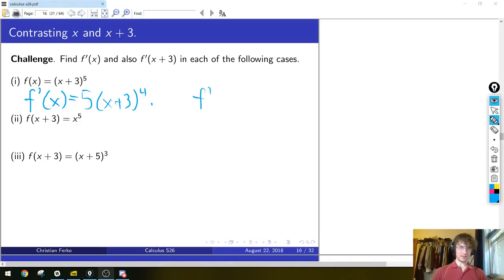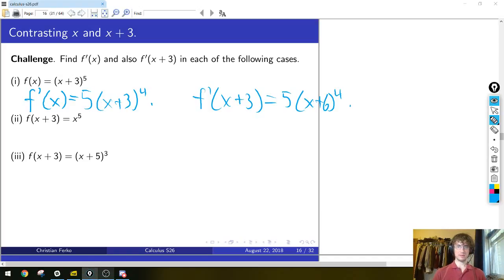Good, okay. So then, again, in case 1, what is f prime at x plus 3? So then we have, let me think, 5 times x plus 6 to the power of 4 times... Still times 1.